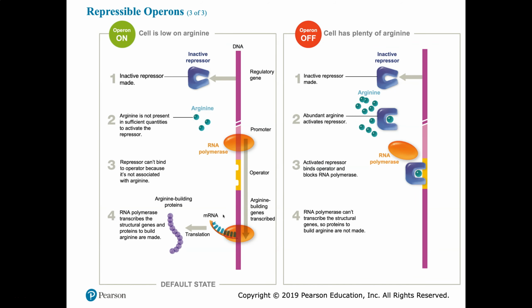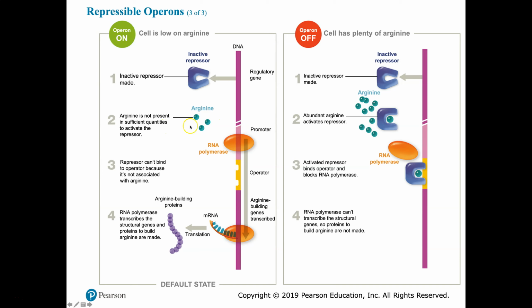This is an image in your book that I like a lot. So this shows you a repressible operon and the fact that it's always on until we turn it off. So here's the DNA. Here is the region where you have the genes that get transcribed. And here's the polymerase that will do the transcribing.